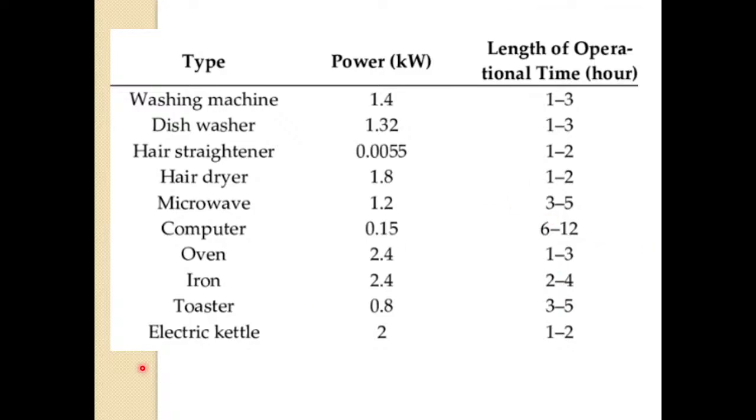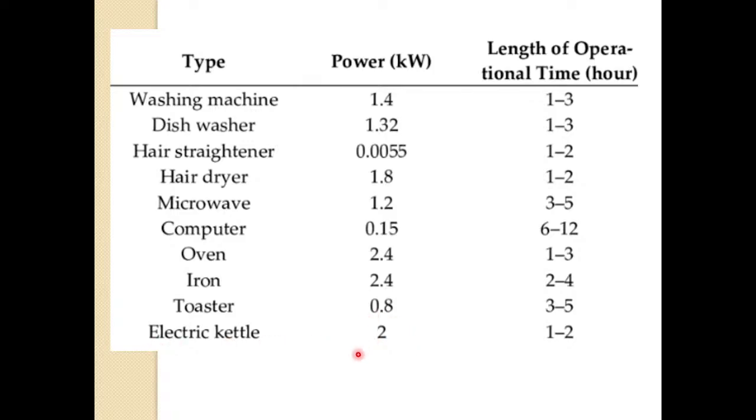Iron box, we use it to press the clothes. Its power rating is 2.4 and it may operate for 2 to 4 hours, depending on how many people are staying in a house. Bread toaster, its power rating is low, 0.8, and its length of operation depends on usage, because most Indians don't eat bread toast, very few people do.